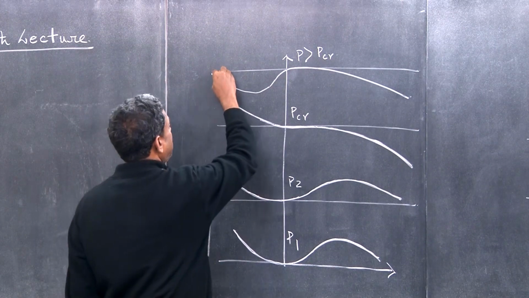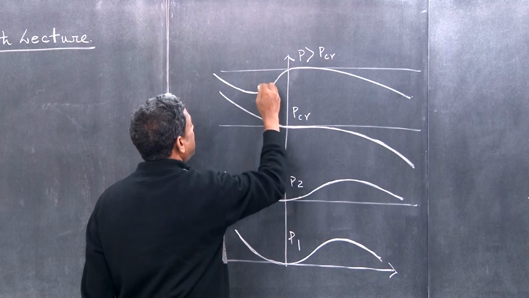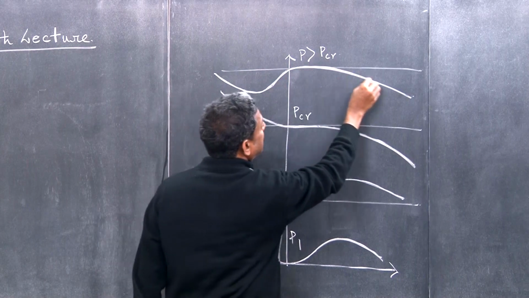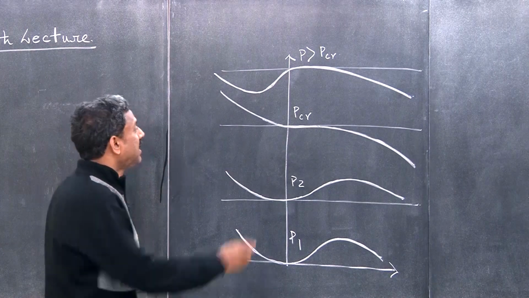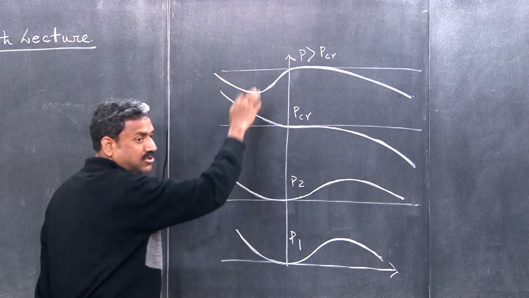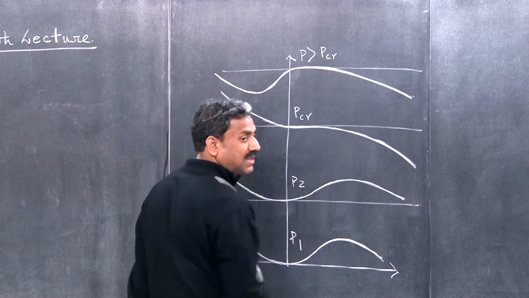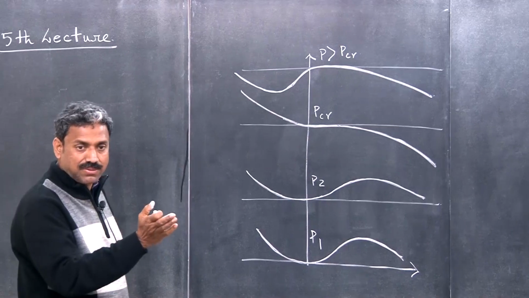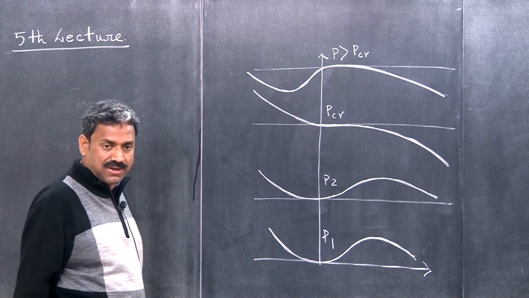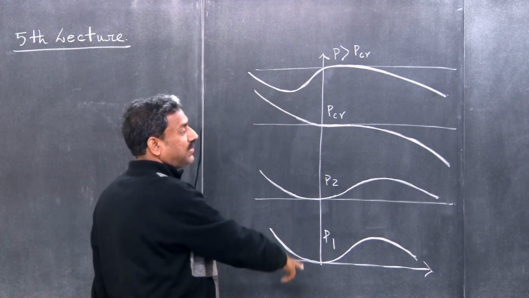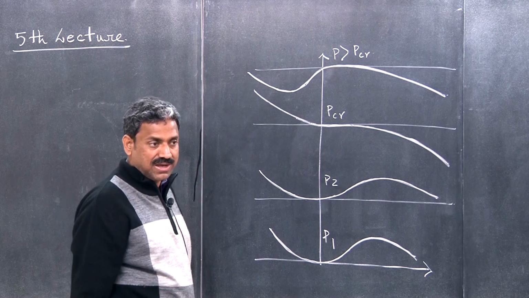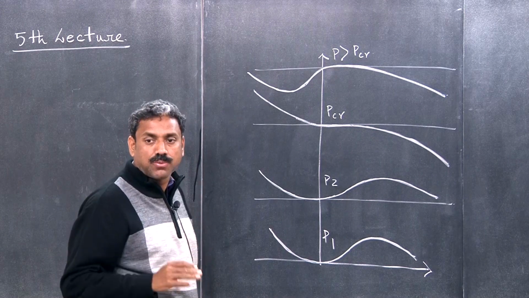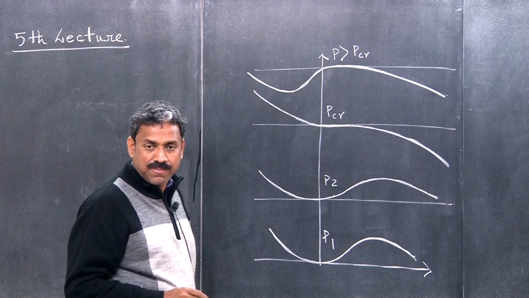That means the left hand side is stable, but the right hand side is unstable. You see that? Here this is stable because it is concave, but here it is unstable. That's what I said. Clear? So this is due to asymmetry. Clear? So, do you understand the topology of the potential energy functional, right?